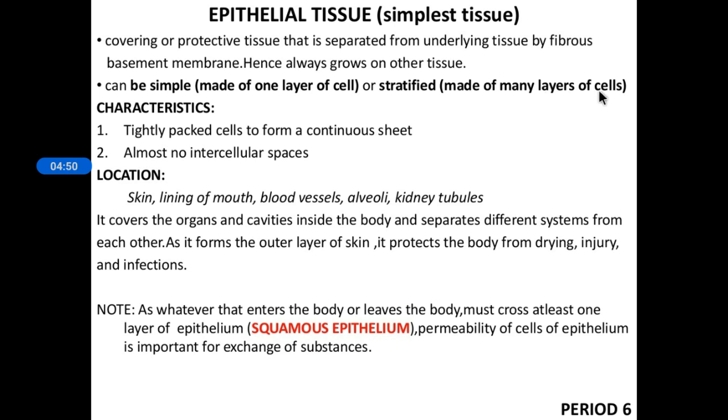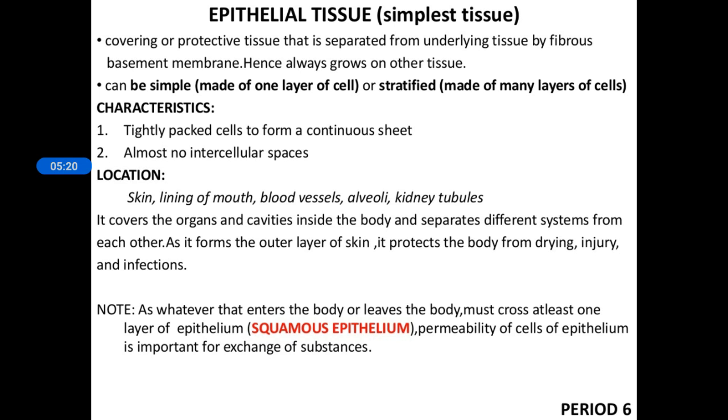Then the characteristics of epithelial tissues: they are tightly packed cells forming a continuous sheet, which gives protection, and there are no intercellular spaces in them. It is mainly located in the skin, the lining of our mouth, blood vessels, then lung alveoli.